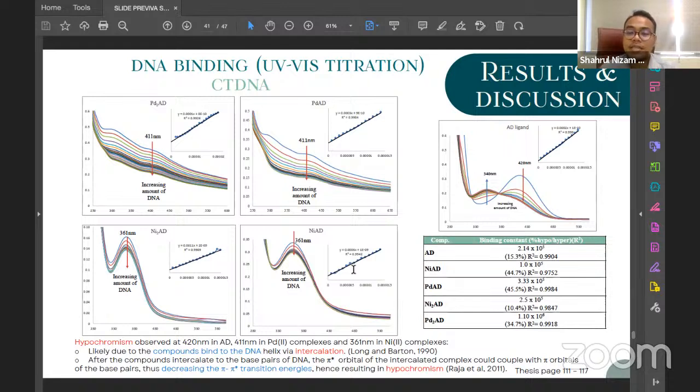So why does this happen? Due to compounds binding with the DNA helix via intercalation. Remember, I told you earlier that it could be intercalation since they have planar geometry.